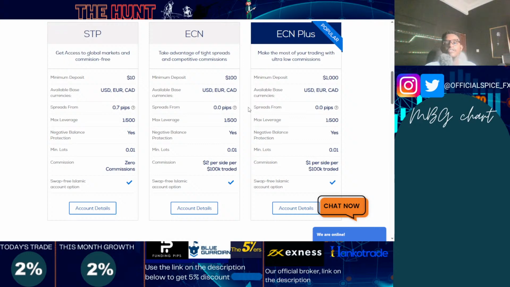But Exness is lower, at 0.2, like 20 cents per standard lot, but you need to have $500. If you have $1,000 as well, you can go for this one, so you have just $1 per standard lot, which makes sense.